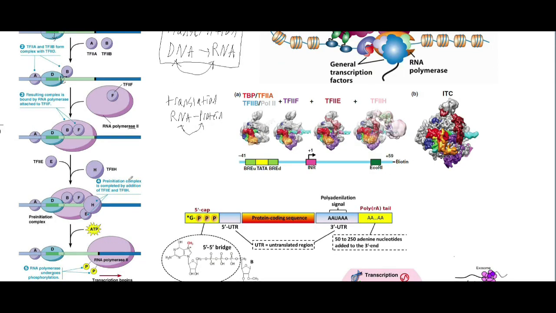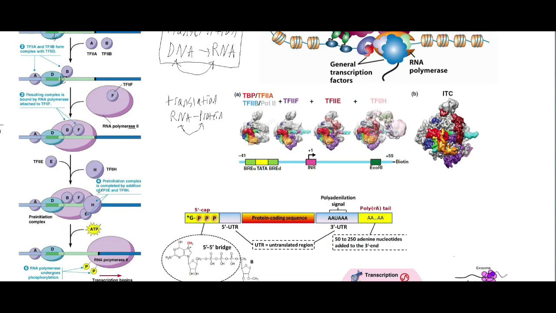And then we recruit the TF2H and the TF2E. TF2H is another protein that's still being studied quite thoroughly. It has a lot of different functionalities that are not completely 100% understood.